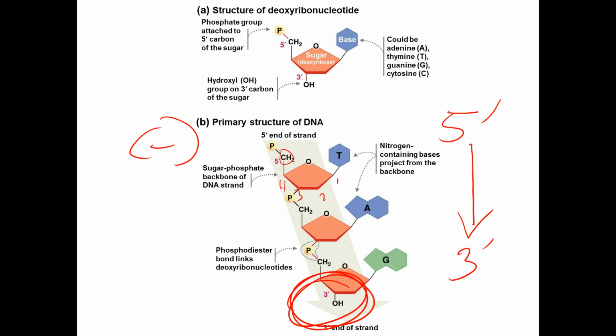Notice here you have this nucleotide attached to this one. How are these two attached? They're attached through a covalent bond. We call it a phosphodiester bond. So they're covalently linked, and the phosphate attaches to the 3' carbon of the pre-existing nucleotide.